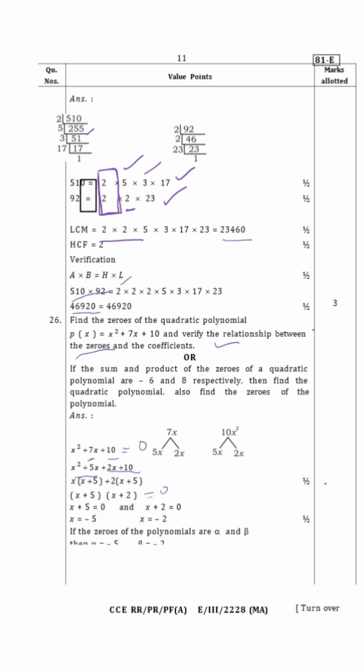Negative of 7 by 1, that is equal to negative of 7. Now according to the coefficients, sum of zeros is minus b by a, means negative of coefficient of x upon coefficient of x square, that is equal to negative of 7 by 1, that is equal to negative of 7. Let this be equation number 2.